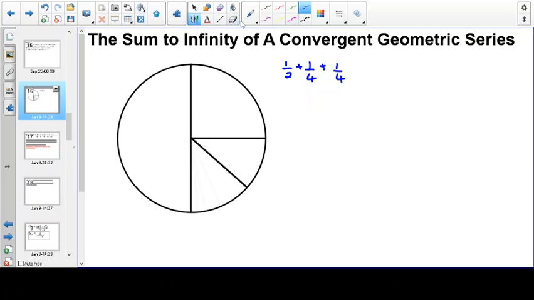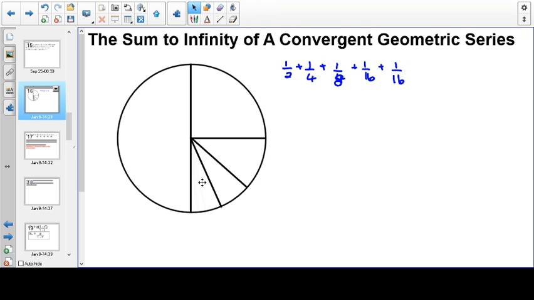That's now a half plus a quarter plus an eighth plus an eighth. But I could split that again. That's a half plus a quarter plus an eighth plus a 16th plus a 16th. That's still a whole one.